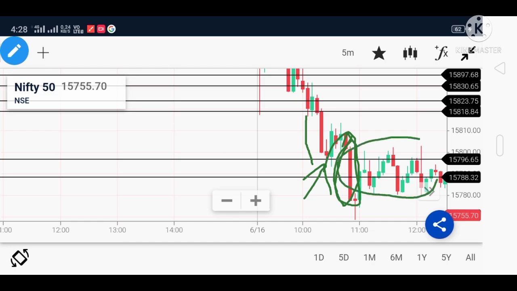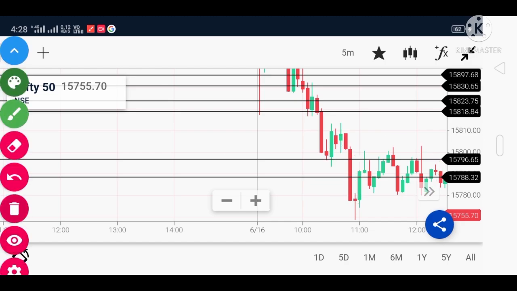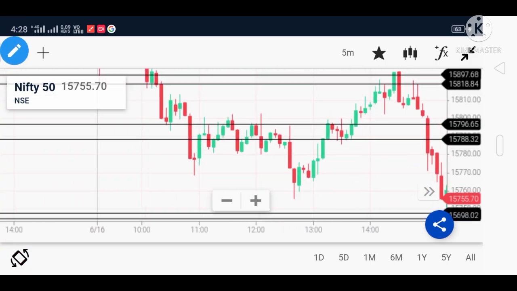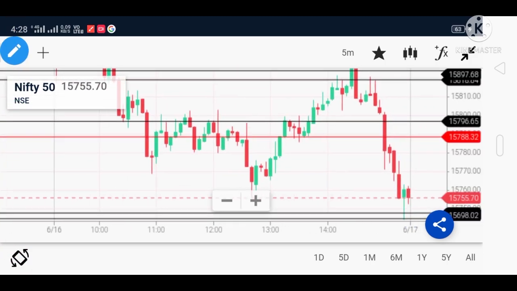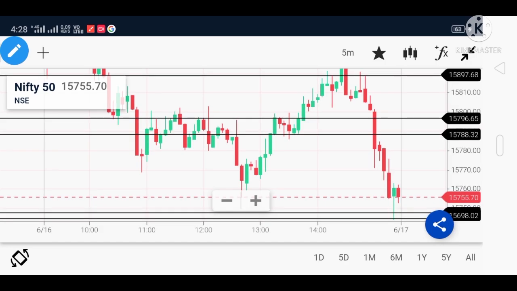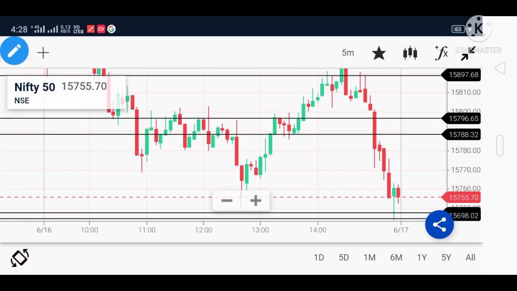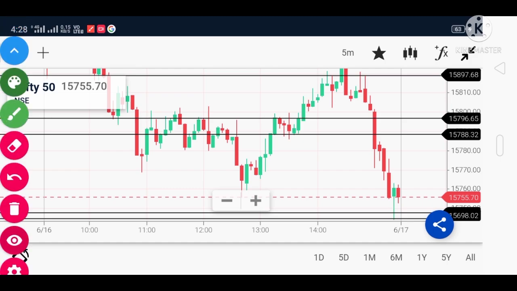See, Nifty tried so much at this level. I hope you can see. It did this just before opening the market. You can see, right, traders? You can see how it performed. This went down.